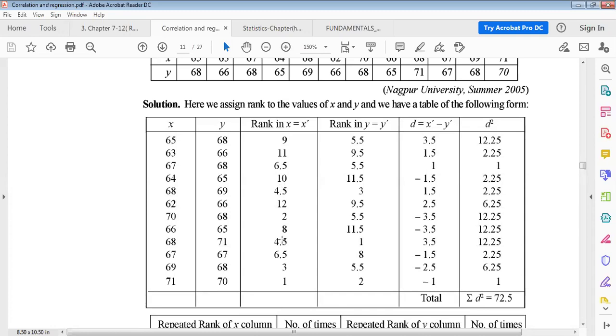So what will be the next rank? After 68, the largest number is 67. How many 67s are here? There are two 67s. So the next two ranks will be given to them after dividing by 2.